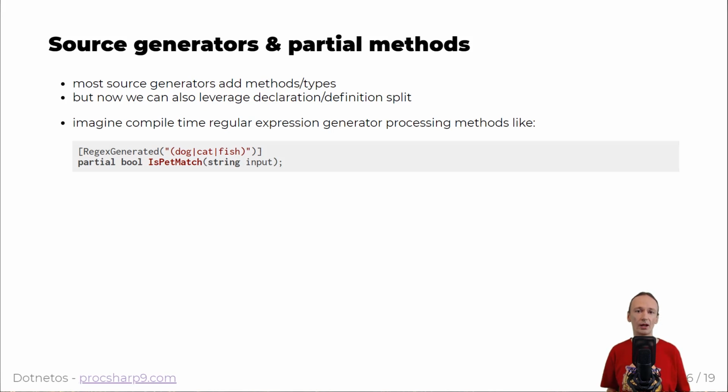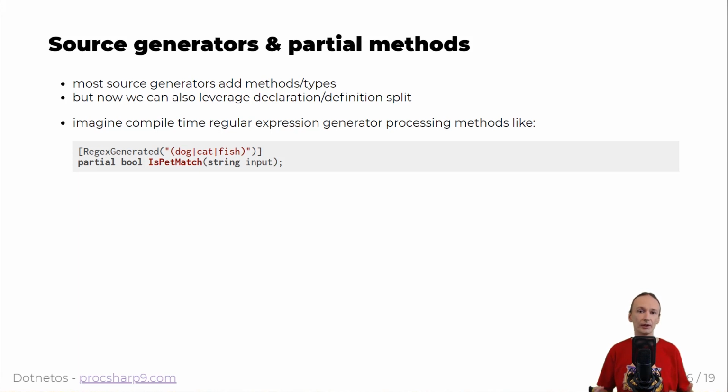So, a typical example: imagine a compile time regular expression generator. There is a method, it has some return type, it has some input, but then there is this RegexGenerated attribute, which has a value of a regex that we would like to use for this particular method.